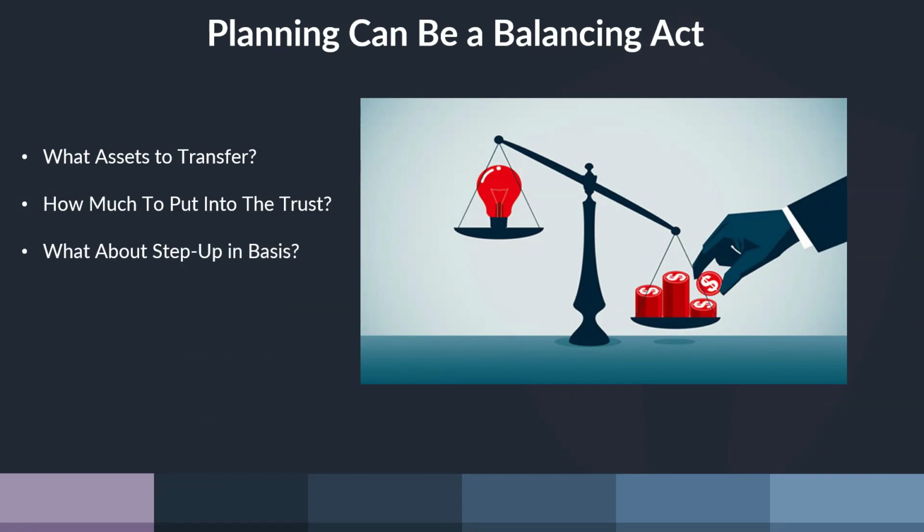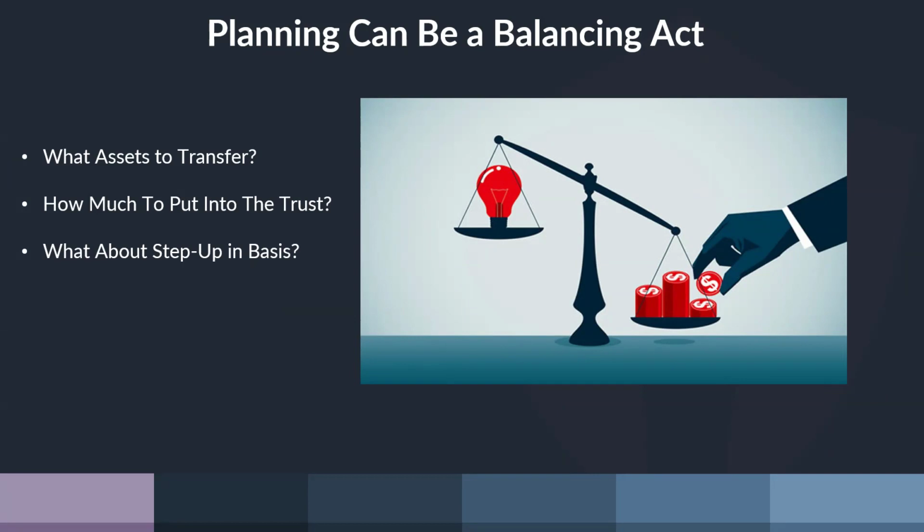I hear this a lot: if I move assets into an irrevocable trust, I don't get a step up in basis. 100% correct. If the assets are in the trust at death, there's no step up in basis. Let's take a step back to what assets we are going to transfer into the trust.